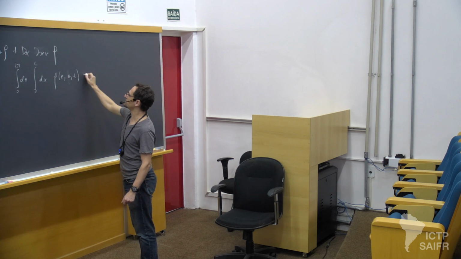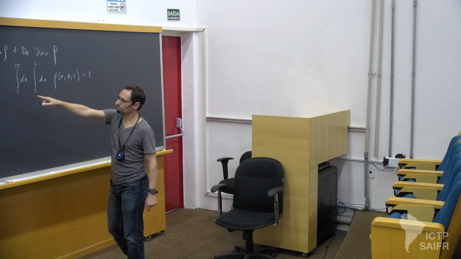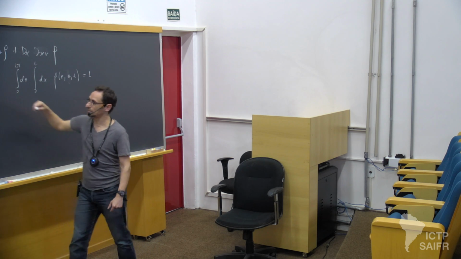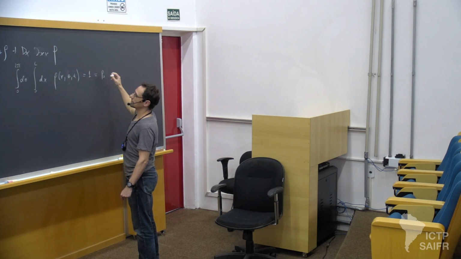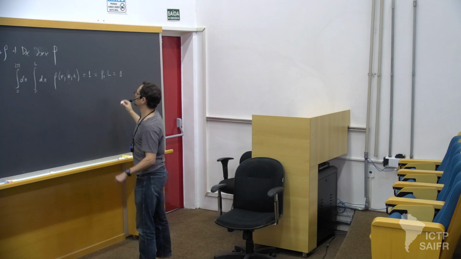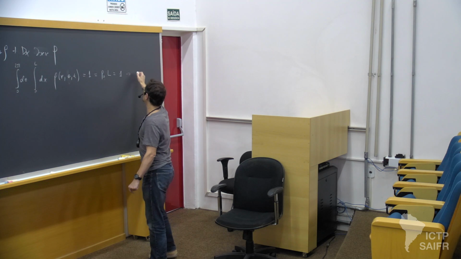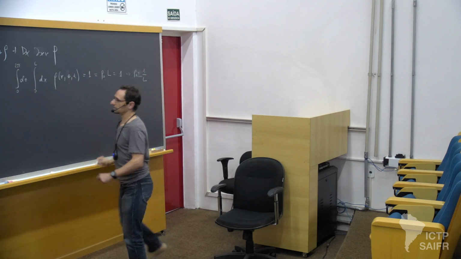Suppose we decide that this is 1, that means that after we impose this and I do the integral, rho 0 L has to be 1, which means this is 1 over L, right? Okay, so these are details that we are not very concerned about, but anyway.